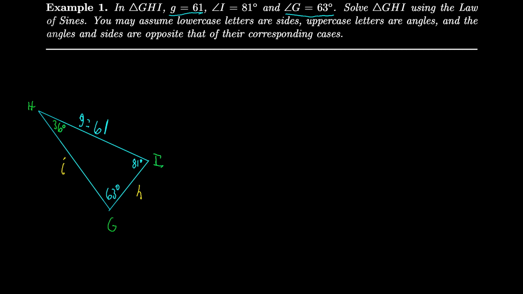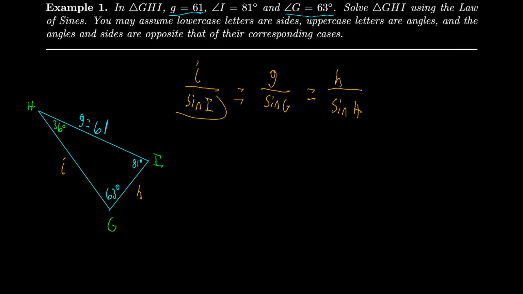So we can write, either version of this is fine, but we can write i over the sine of big I equals g, or rather little g, over the sine of the angle, big G, equals h over the sine of big H. So the sine is of each of the big guys, and then the sides are on their own.